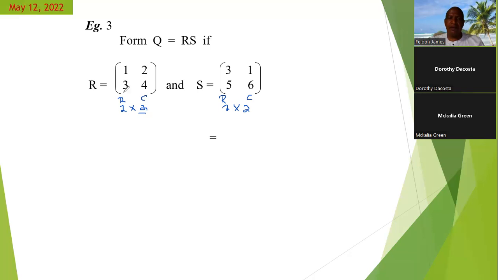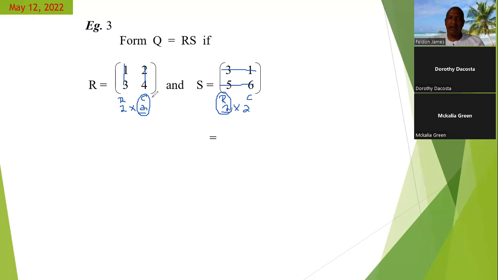So as I was saying, for the first matrix, you check how many columns. So we have 2 columns. The second matrix, you check how many rows. So we have 2 rows. So in order for you to be able to multiply these 2 matrices in the general sense, the number of columns in the first matrix must equal the number of rows in the second matrix.